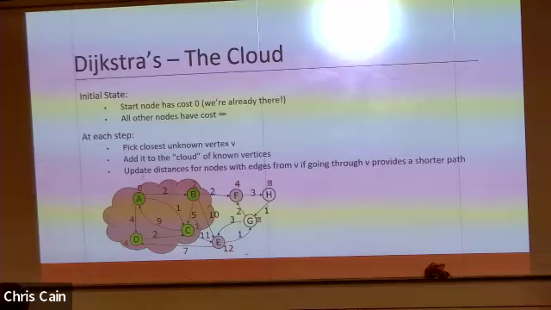So we are going to visit C first as the vertex that has the shortest path from A. We now know that since we have visited C, this is the shortest path to C from A. If there were a shorter path, we would have explored it already.